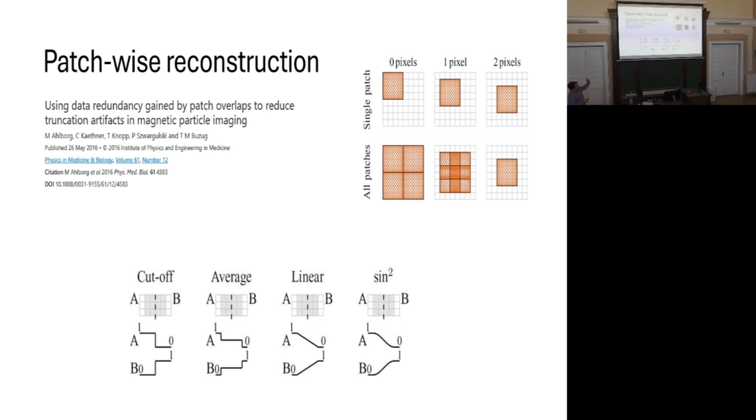To the overlapping area, we can apply some methods. The most straightforward method that you will think of, if you want to match some data, is to just cut it off.